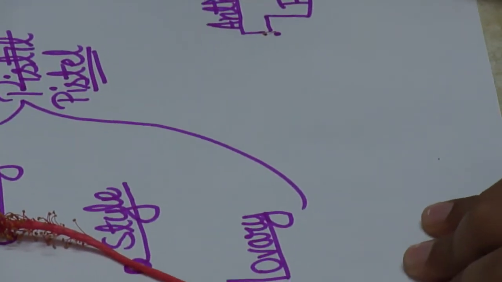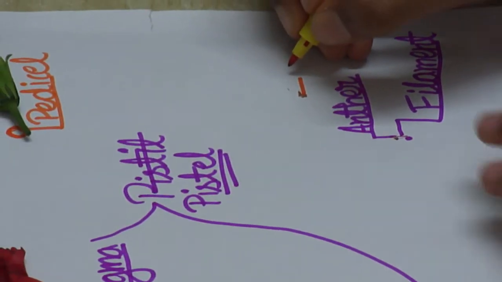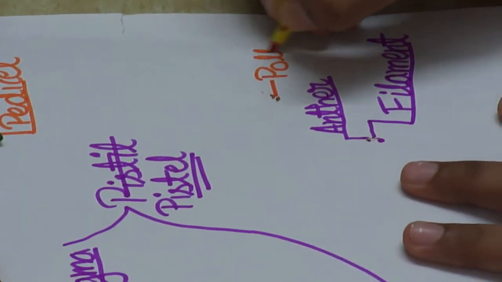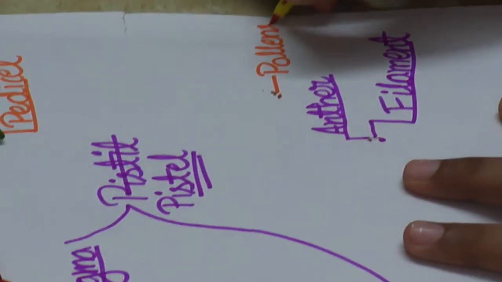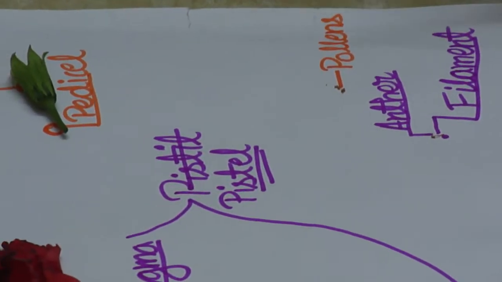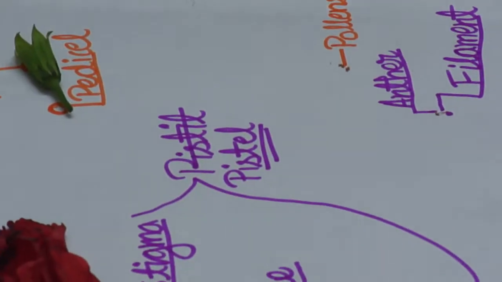And these yellowish things, can you see? These are the pollen. Pollens, which are present in the anther. So you can have a look at these parts of the flower.